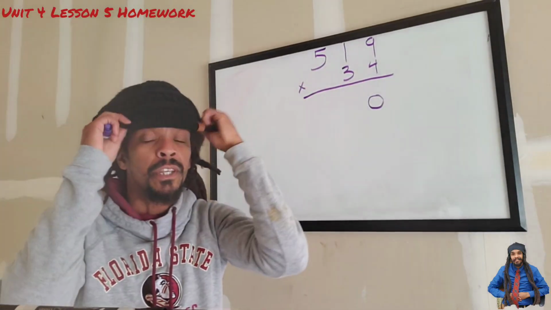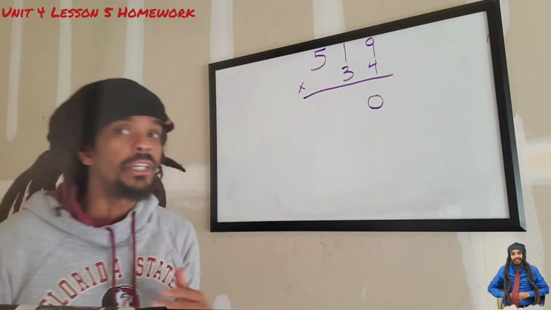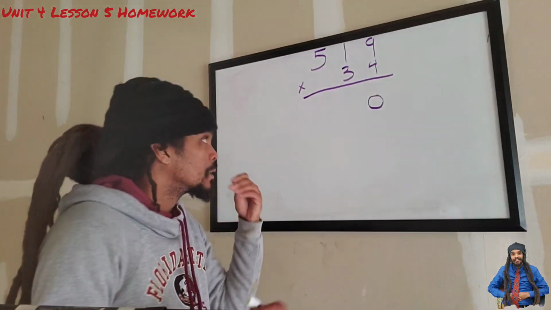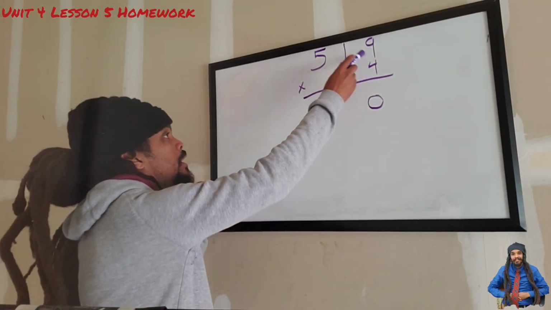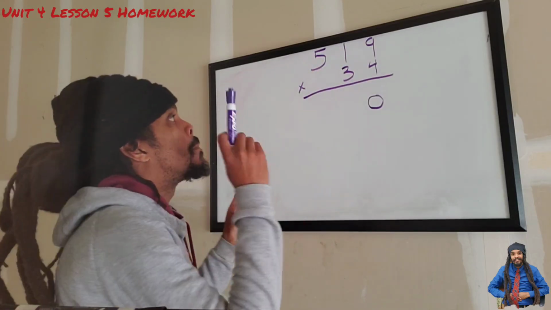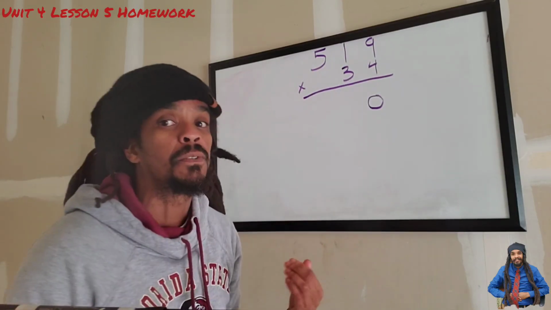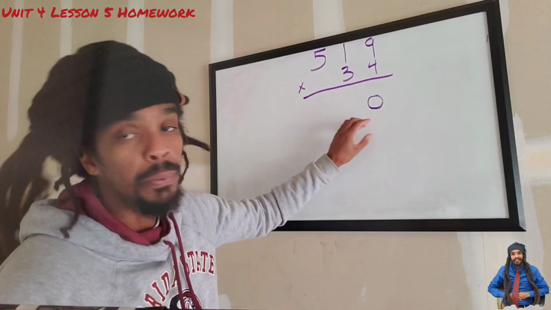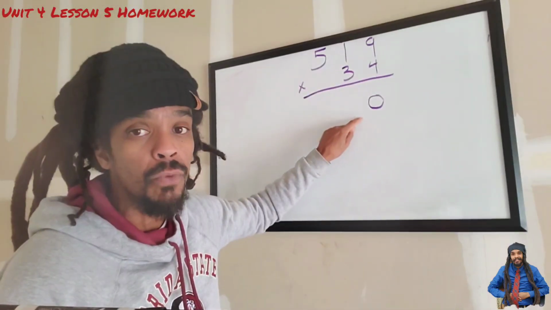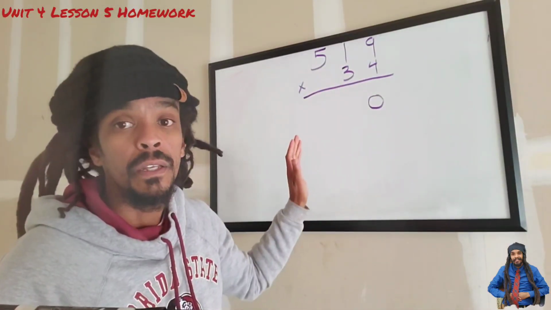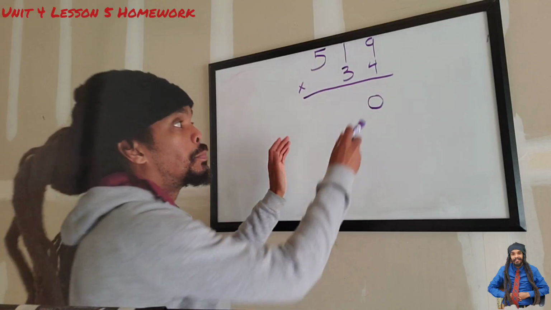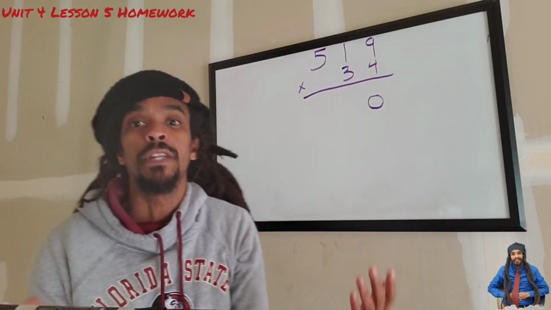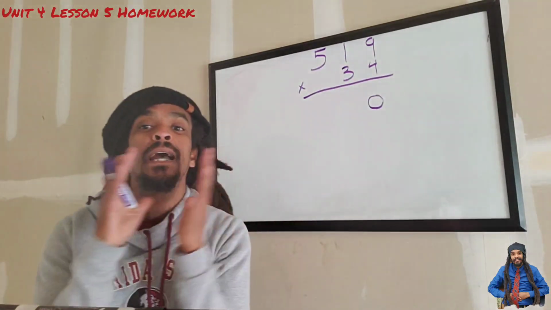So what's going to happen is, since the 3 is in the tens place, we're not multiplying 3 times 519. We're multiplying 30 times 519. So we're going to put this placement 0 here in this second row so we don't forget. Basically, when you put that 0 there, it's equivalent to just multiplying everything by 10.